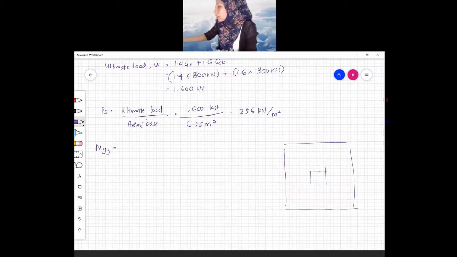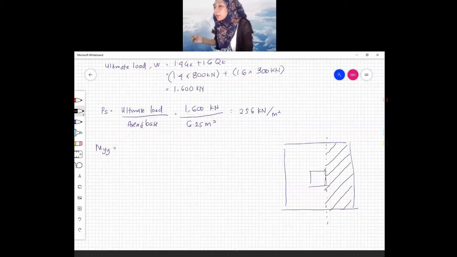So this is like the plan view, pandangan dari atas of the footing. Jangan confuse. So YY adalah kat sini. That is the line for YY.